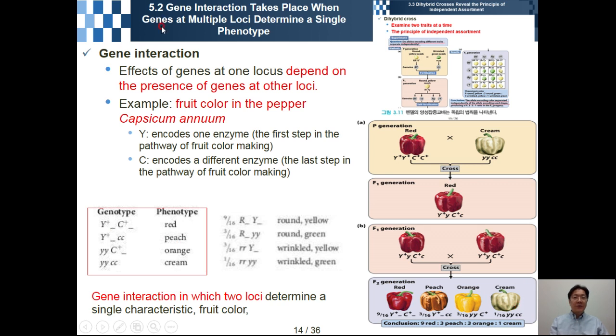So this is gene interaction. Gene interaction takes place in these cases when genes at two loci determine a single phenotype. What is the single phenotype? It's fruit color in the pepper. The difference from dihybrid cases is that in dihybrid cases one gene encodes one trait and another gene encodes another trait, but in this case two genes encode a single phenotype.